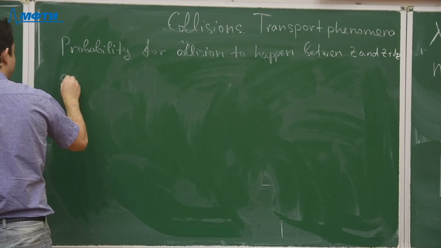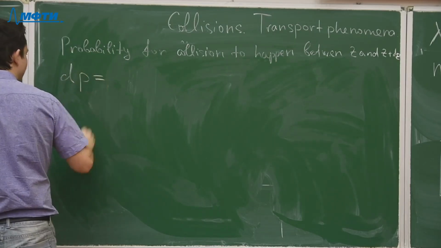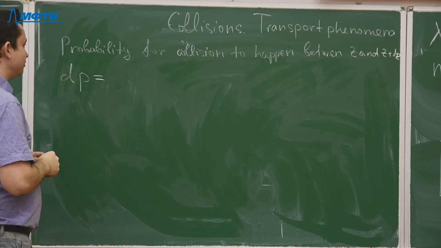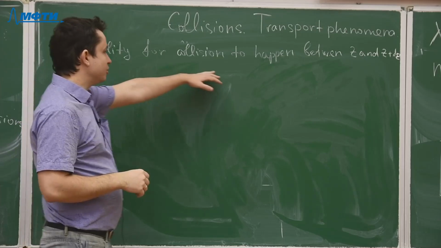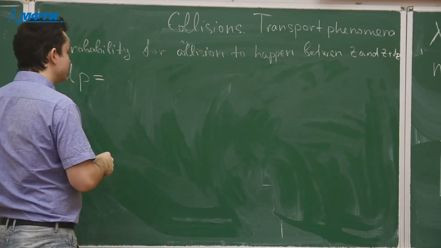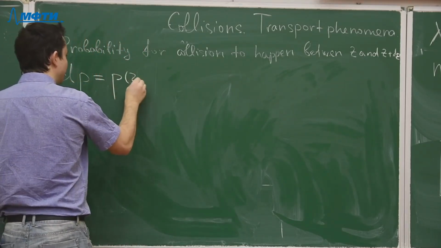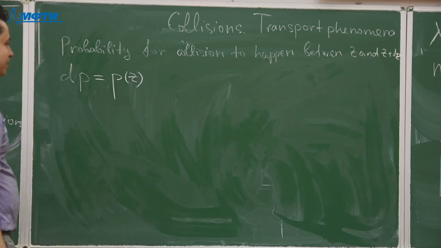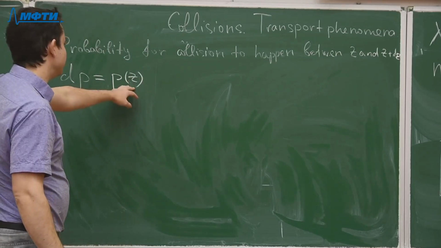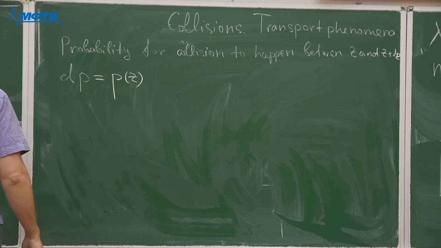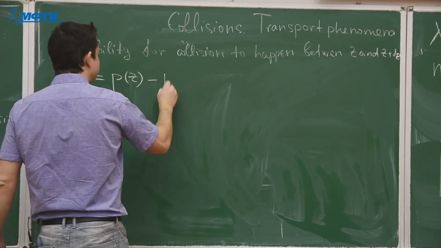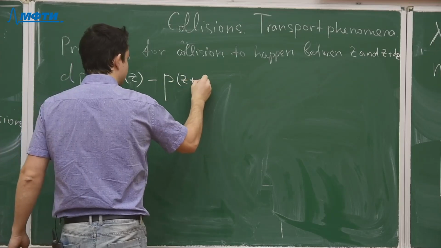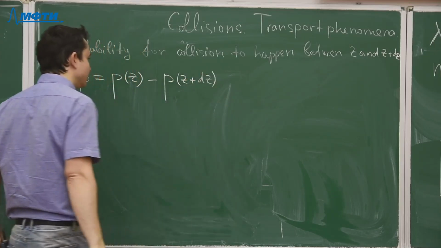So that probability dp, well, that requires, at first, if this collision happens in between z and z plus dz, that means, first of all, that there were no collisions over the path z. So the probability of that is equal to p of z, while all of the molecules which don't have any collisions over the path of z plus dz should be subtracted.